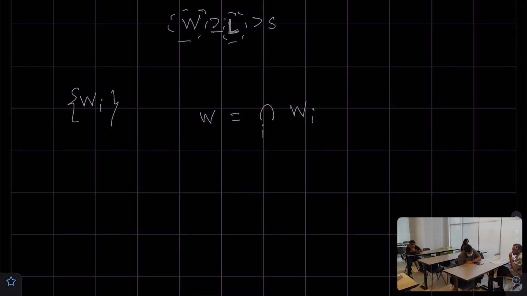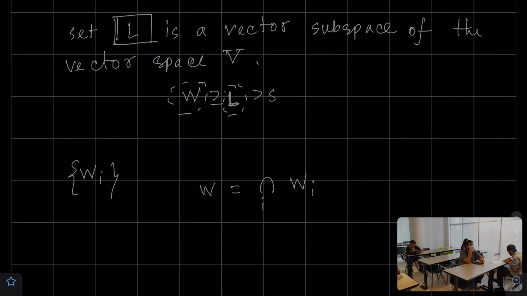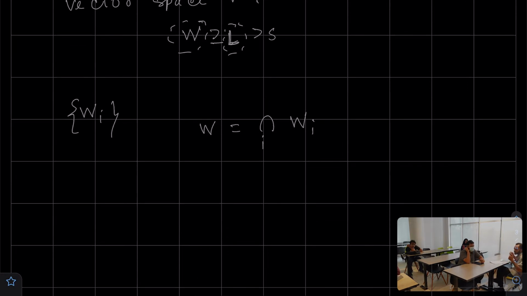And here we prove that L is a subspace of the original vector space V, and L also contains the set S, right? So Wi are all the subspaces that contain S. So what is the span of S?